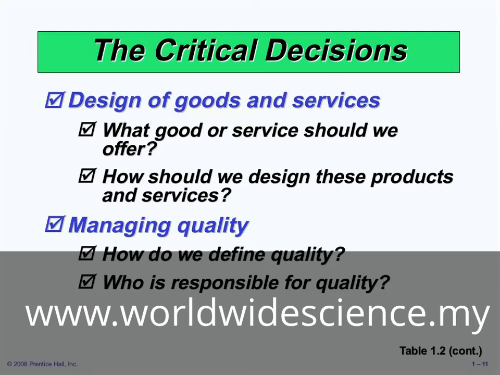After finding the need of the market, we should know how to design these products and services. It means that you should interact with engineers, for example in manufacturing companies, to find new approaches and new ways to design the products and services that have been recognized by managers.